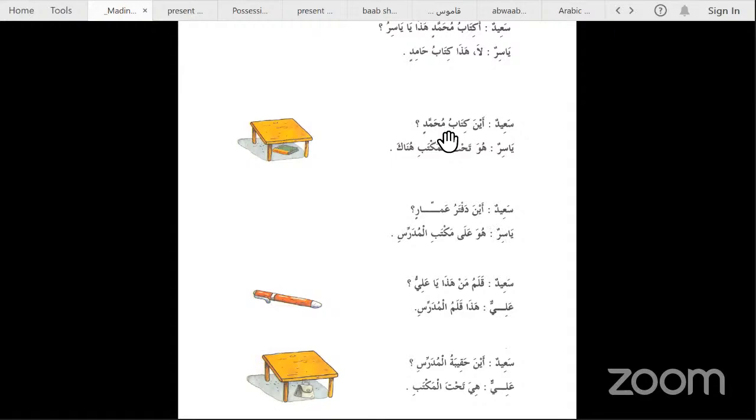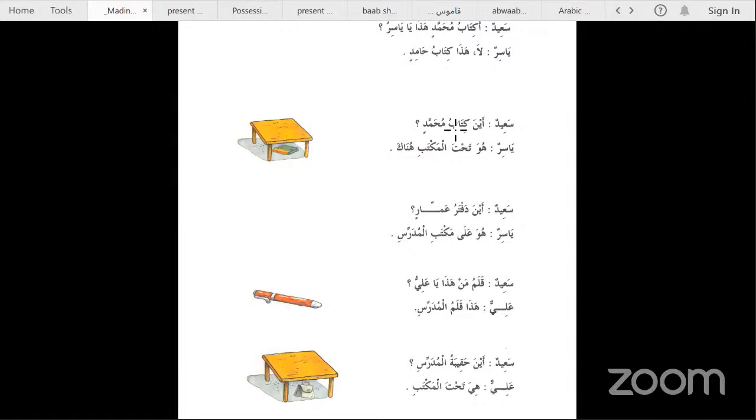Now here, mudaf and mudaf ilay are two nouns. Mudaf is called the possessed, and mudaf ilay is called the possessor. For example, originally, if the word kitab came, we would normally read kitabun and muhammadun. But when it comes in a relationship of possession, we read the first noun with one dhamma instead of a dhamma tanween.